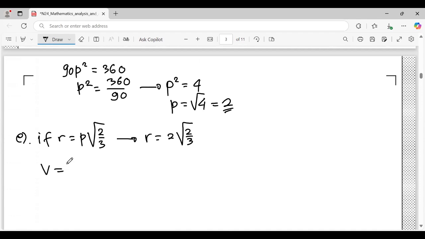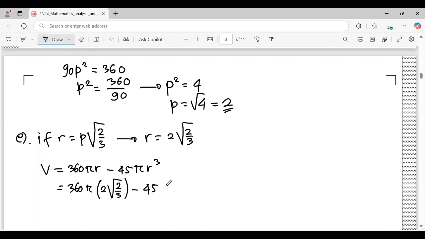Volume equal 360 by r minus 45 by r cubed, or 360 by substitute this value r, 2 times square root 2/3, minus 45 by 2 square root 2/3 cube.